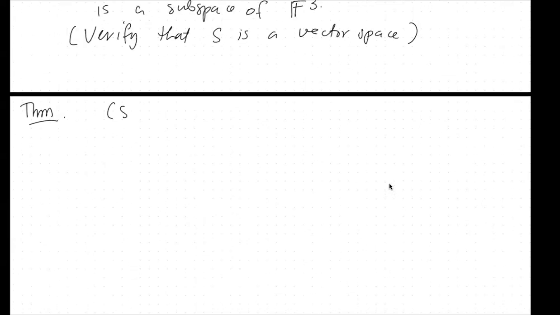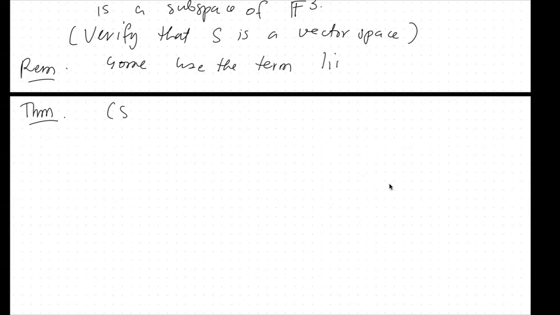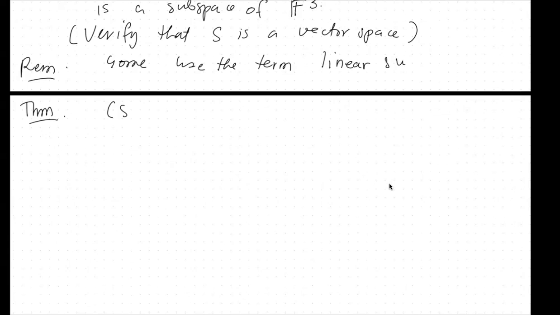So now we will go to the theorem. So this is the subspace condition. Let me remark before going further that some use the term linear subspace instead of just subspace.